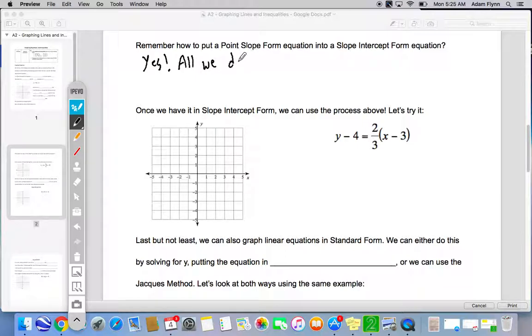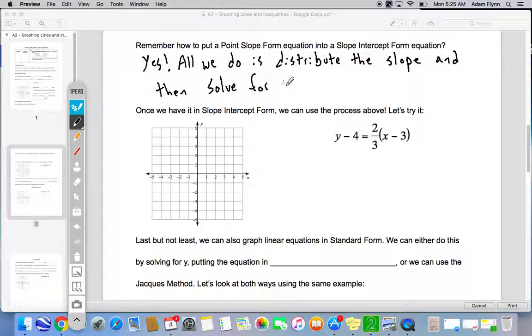All we do is distribute the slope and then solve for y. Okay, so once we have it in slope-intercept form, we can use the process we just used above.